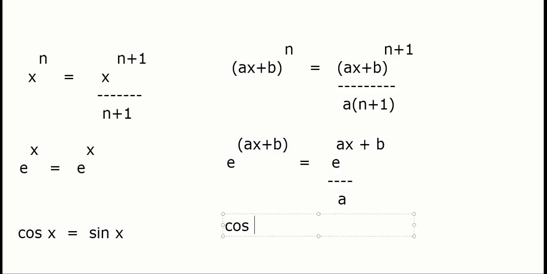So, integration of, instead of x, my focus is exactly on the parameter I am taking. Integration of cos x is sin x. So, integration of cos of ax + b will be what?